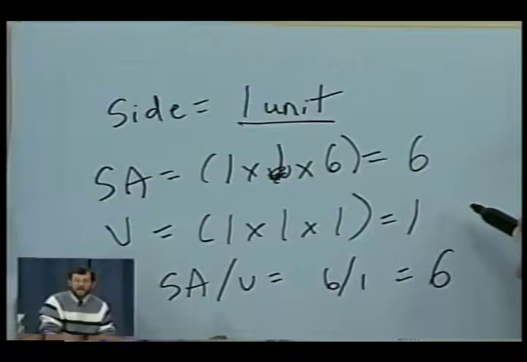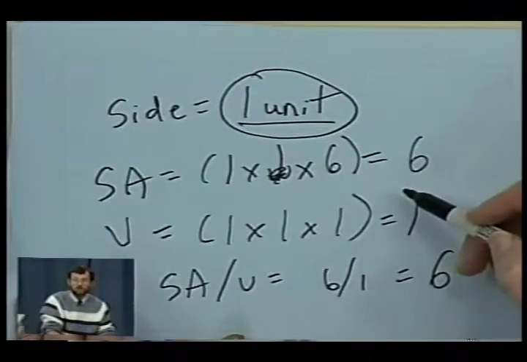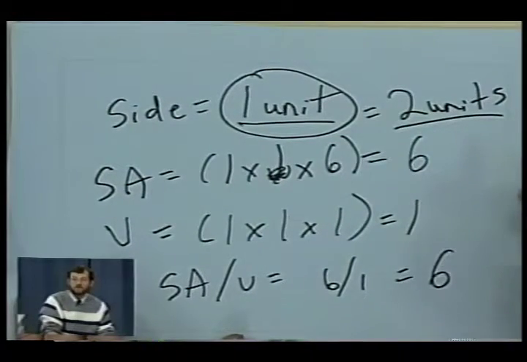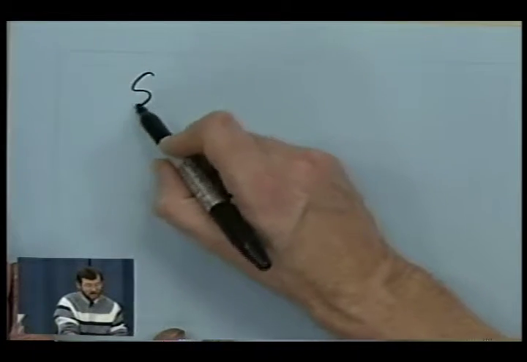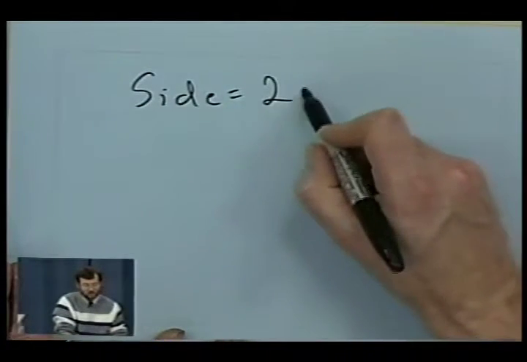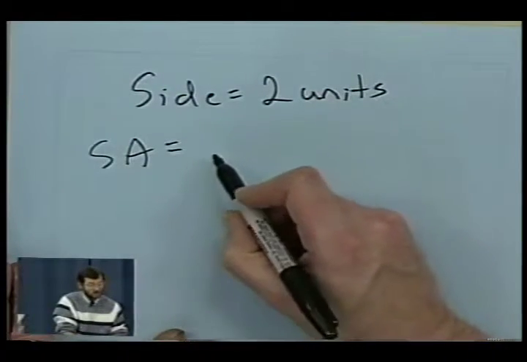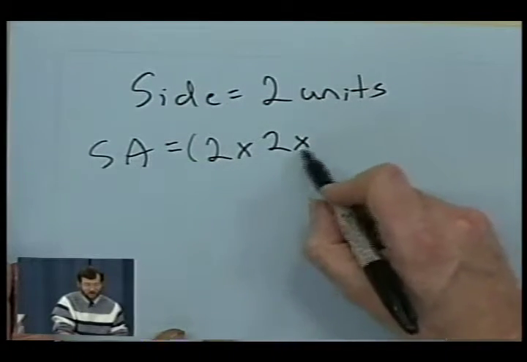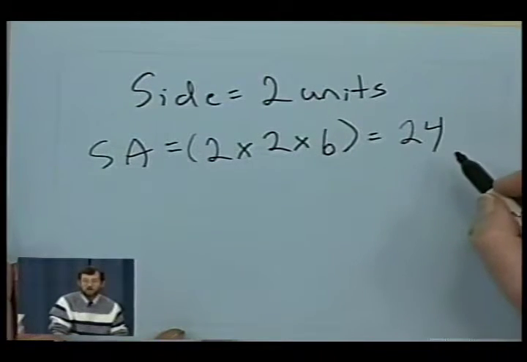Now, let's take a look at what happens to the cube if now, instead of having our side being equal to 1 unit, we make it equal to 2 units. We're going to make it twice as big as what we had before. So we slide this out of the way. And now if we have the side equal to 2 units, surface area is then going to become 2 times 2, length times width, times the number of sides, 6. That'll then become 24 square units.